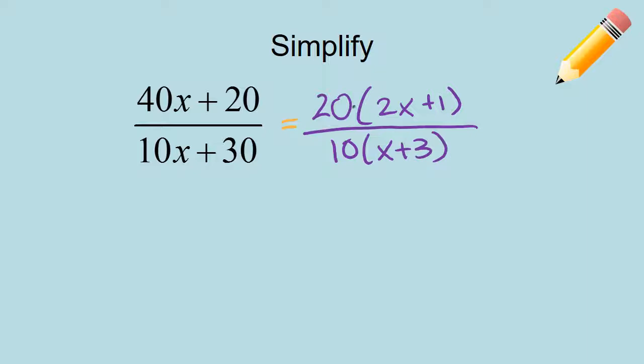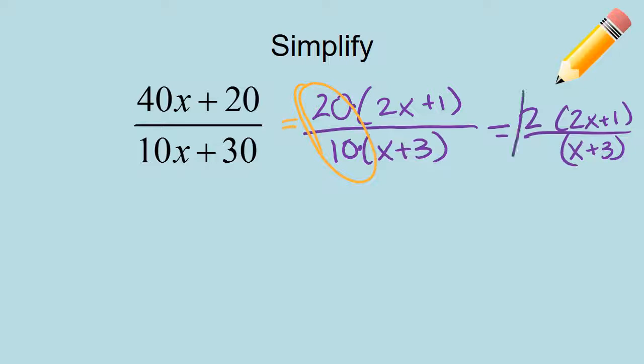So now if I look, I have 20 times this, 10 times this, which means I can reduce the 20 over 10. That reduces down to 2 over 1, or just 2. And then these factors aren't the same, so they're not going anywhere. I'm keeping them in parentheses for now to show that they are factors. They do not cancel.